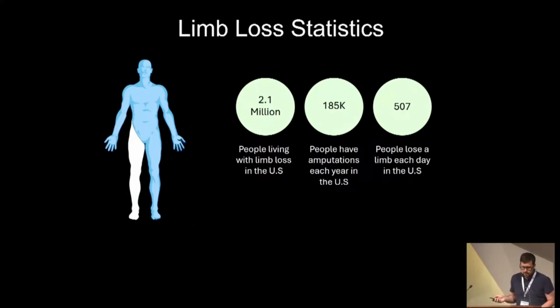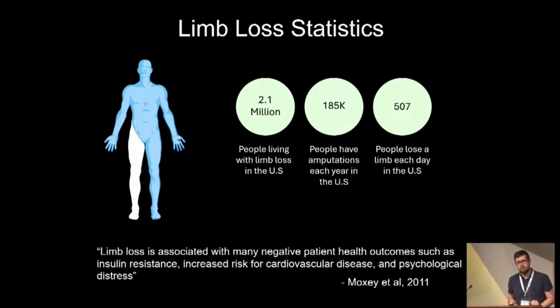And not only do people with limb loss have to live life without a limb, they also are at increased risk of other diseases, including cardiovascular disease. And this seems to be irrelevant of whether the mobility of the person is affected or not. And actually, the life expectancy of someone who receives an amputation is only 5 years from amputation.